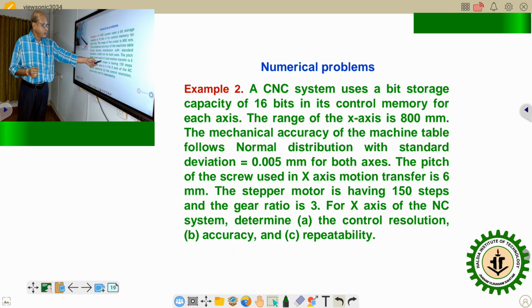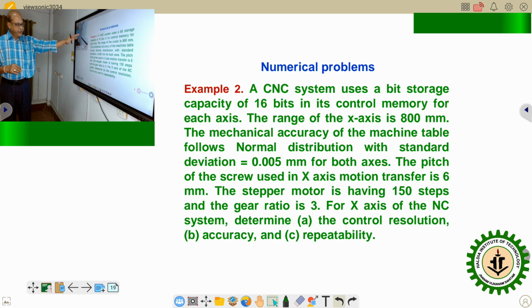The stepper motor has 150 steps and the gear ratio is 3. In this case, whatever we have to calculate is confined to the x-axis only. But from the given data, it is possible to calculate resolution 1 as well as resolution 2. Then you have to compare which is the maximum. So the final system resolution will be the maximum out of these two.